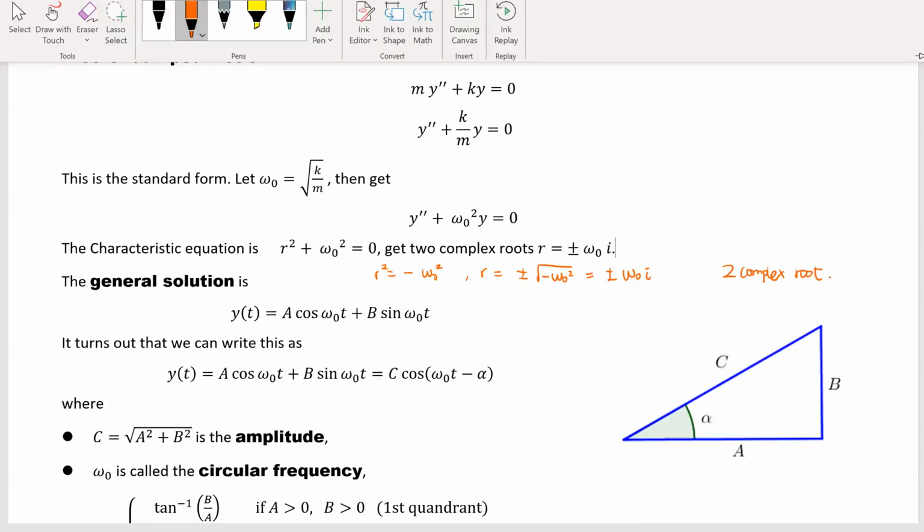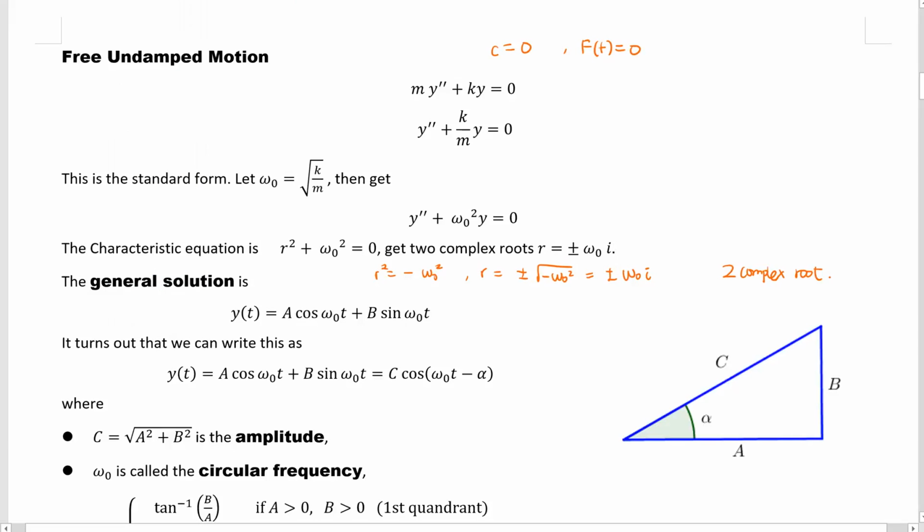Here we need a formula. Cosine of alpha minus beta is cosine alpha cosine beta plus sine alpha sine beta.